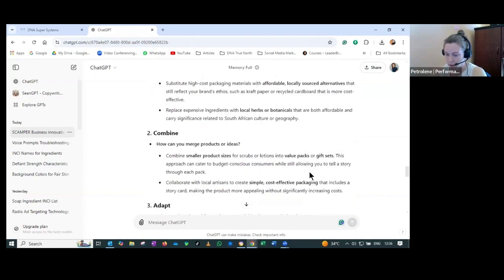Expensive ingredients. Yes, I am focusing on local ingredients, although I don't have any hero ingredients.